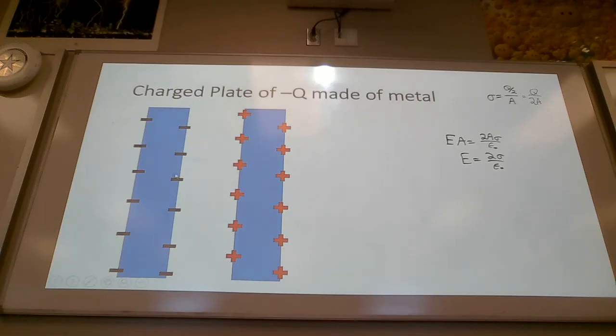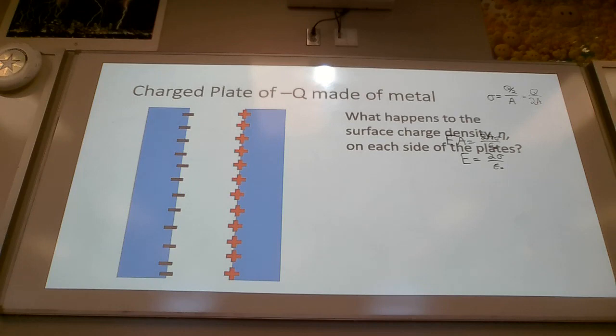The electrons move close, and here the protons don't move. The electrons move to the far side. Good with that? What we've essentially made is a capacitor. Right with that?